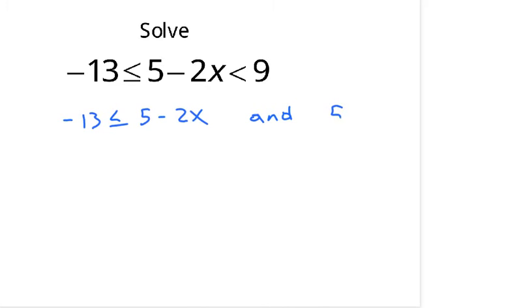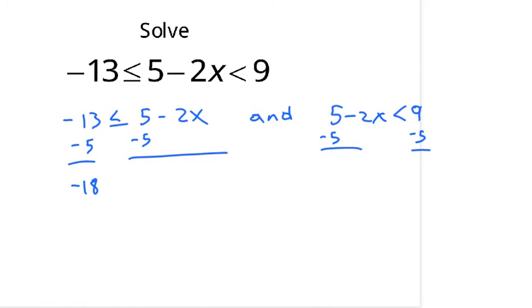We could start off by eliminating the constant first. We always want to try and eliminate the constant if we have this kind of situation. And we have negative 18 is less than or equal to negative 2x on the left, and on the right we have negative 2x is strictly less than 4.